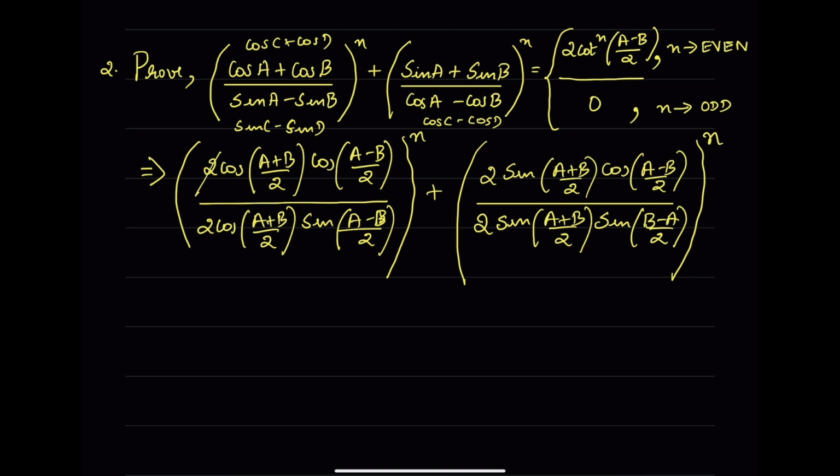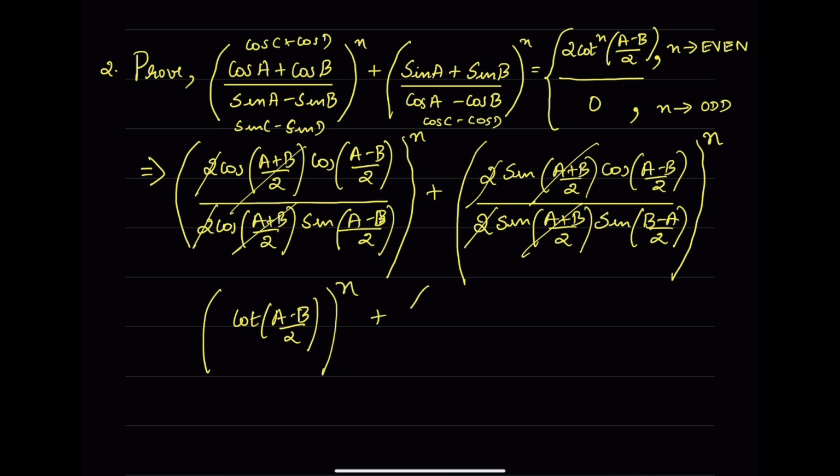Let's simplify this. We can cancel 2 here and also we can cancel the cosine value. And in the next term, we can cancel 2 and we can cancel the sine value. So here, the first term would change to cotangent of (a minus b) by 2, power n. Now the second term is interesting. To change this to cotangent, we need sine of a minus b.